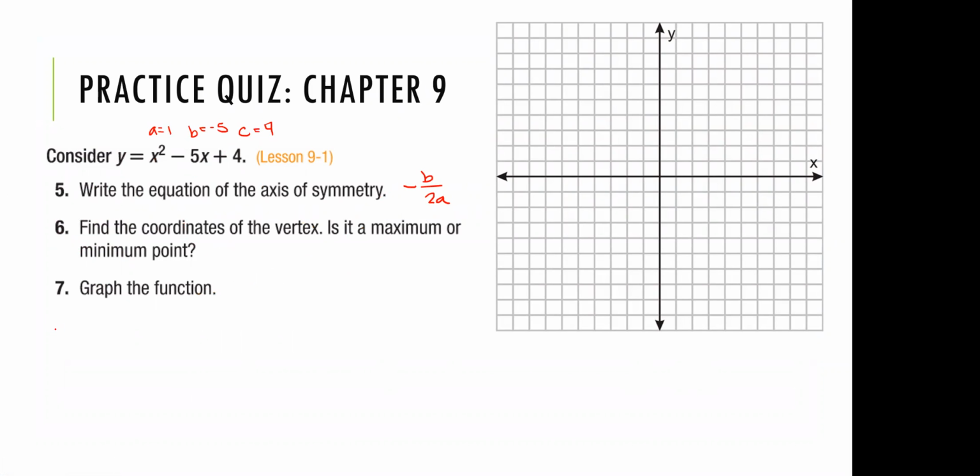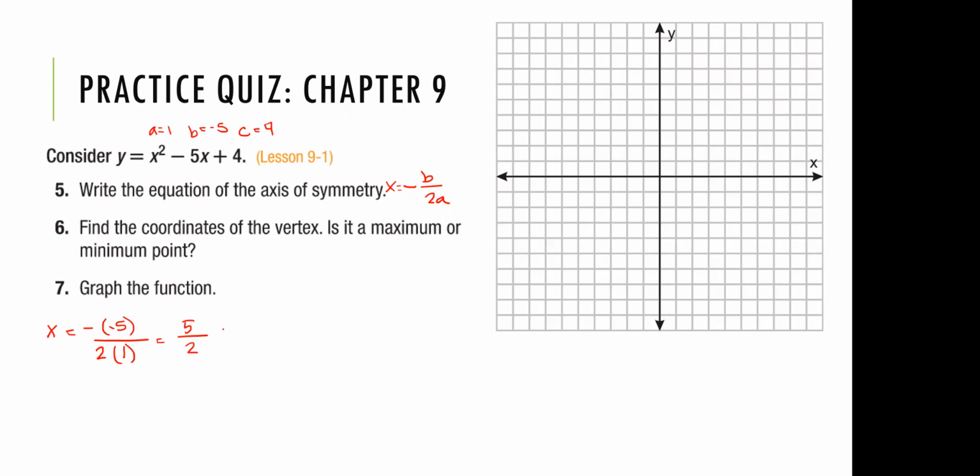So for our axis of symmetry, this should be x equals negative b over 2a. We have x equals negative, and in this case, b is -5, and then over 2 times a, which is 1, okay? So we have negative times -5 is going to be a positive 5, and 2 times 1 is 2.